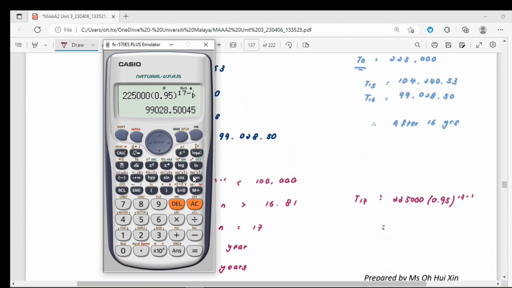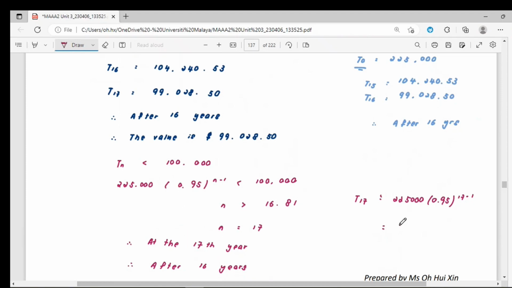From there, you can get 99,028.50, which is exactly the same as what you had previously by generating the sequence. So that's this part that I want to explain.